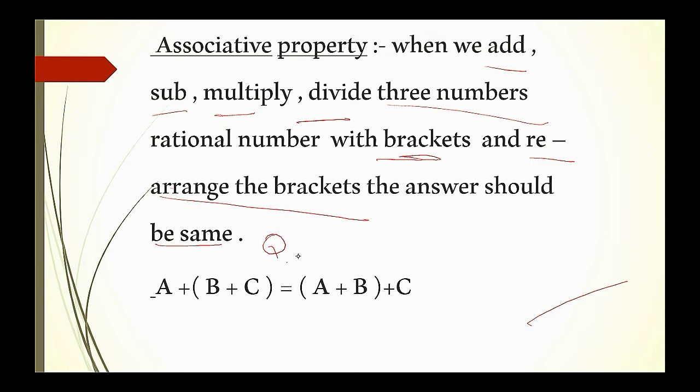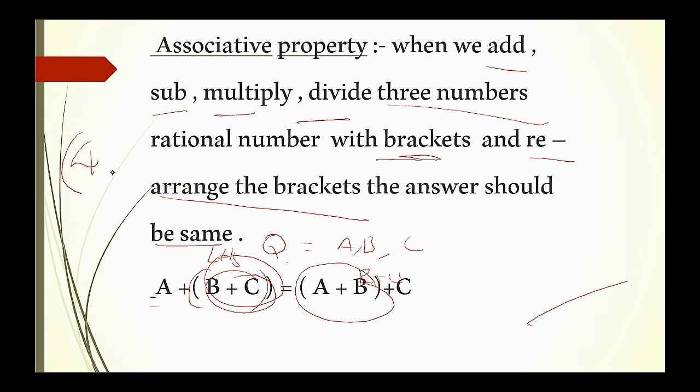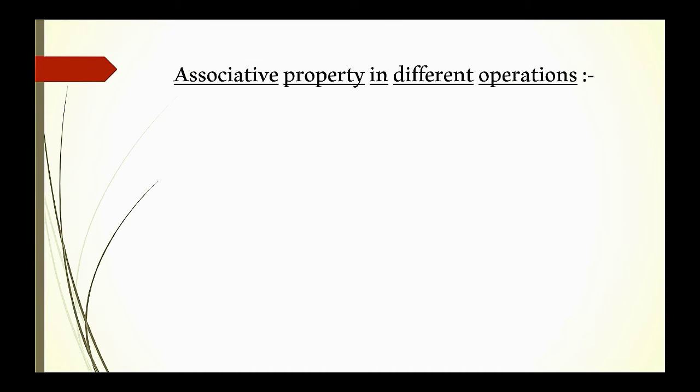Here I took three rational numbers A, B, C. In LHS we keep the brackets towards the right side, and in RHS we move the brackets to the left side.